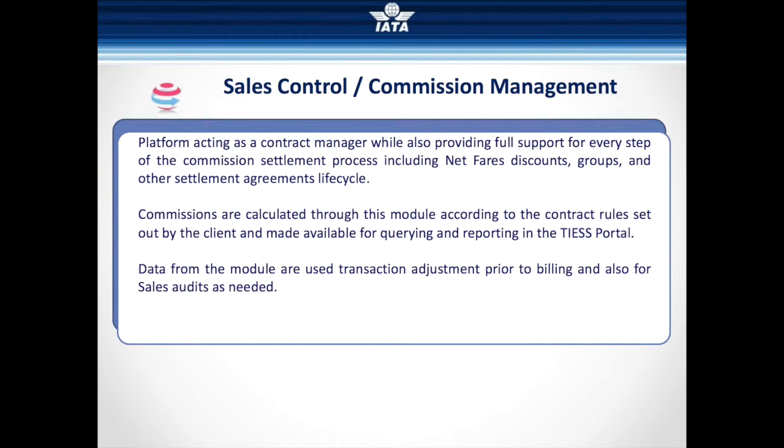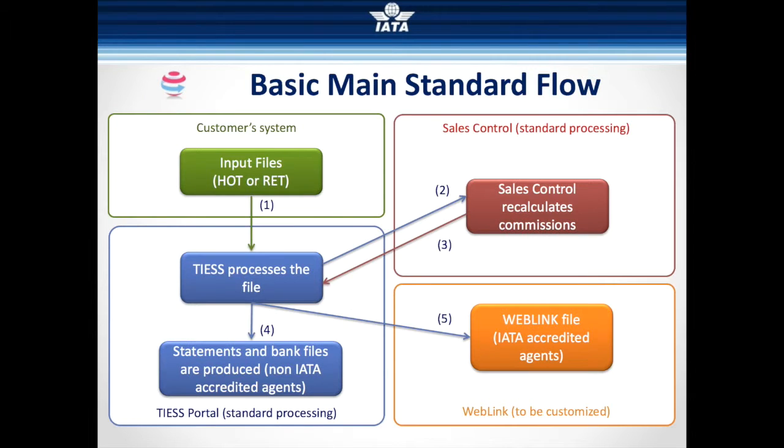Okay? Just remembering a bit of what we were saying, we can have files coming in, travel data coming in, and before I actually route this to the BSP or to TIESS to produce billing statements, the sales control module can recalculate commissions, again, applying, adjusting, or removing commission for the suppliers.